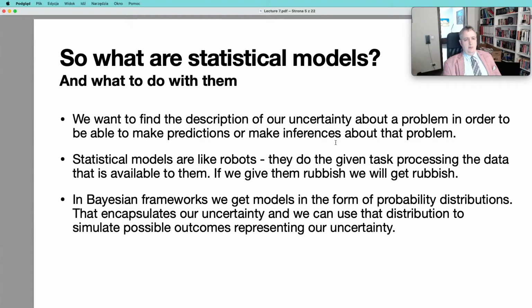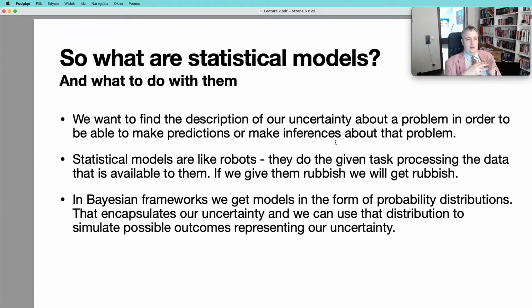Statistical models are generally like robots or computer programs. They process data, but if data is bad, the results will be bad. If we teach them badly, they will learn badly.